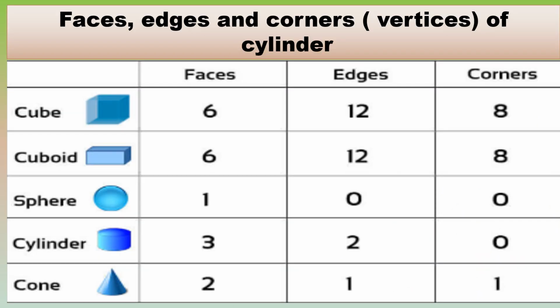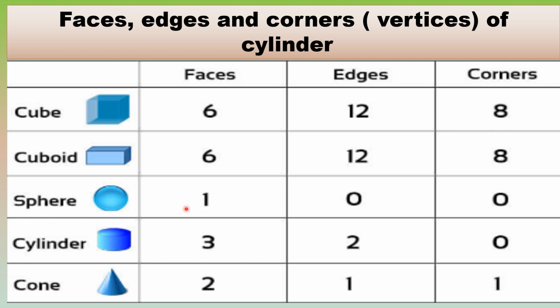Now let us revise faces, edges and corners of all the solid shapes that we have learnt. Cube. It has 6 faces, 12 edges and 8 corners. Cuboid. It also has 6 faces, 12 edges and 8 corners.